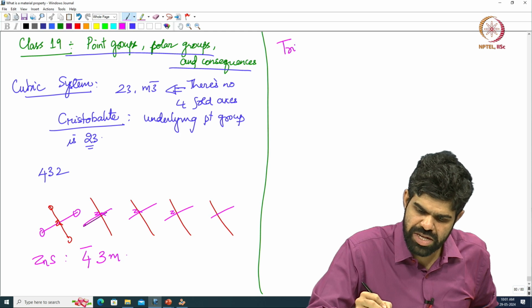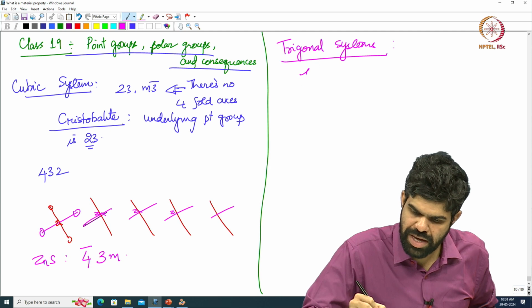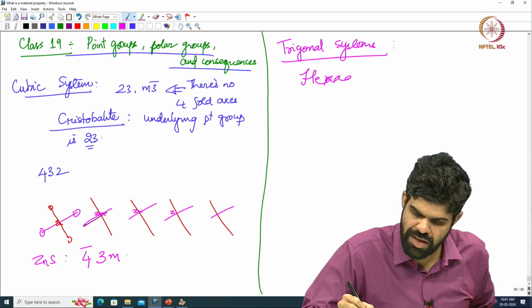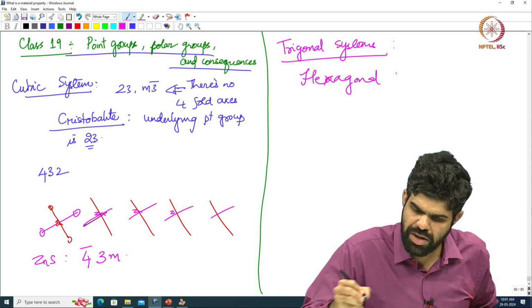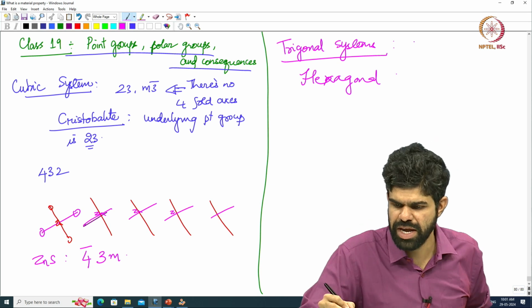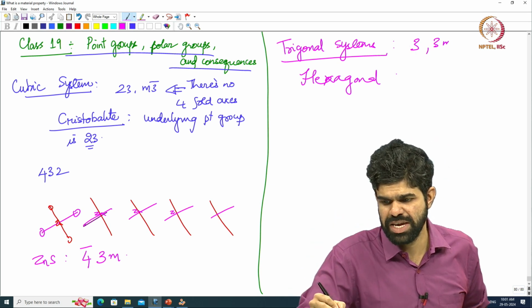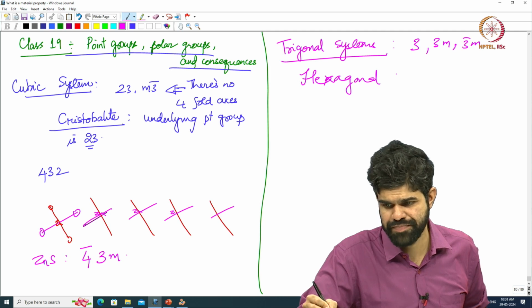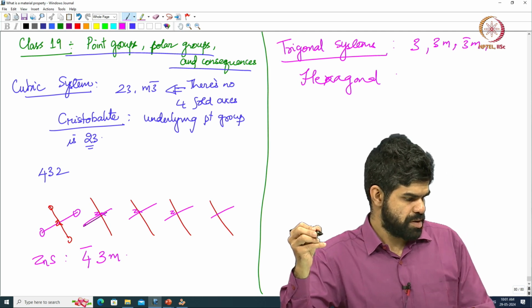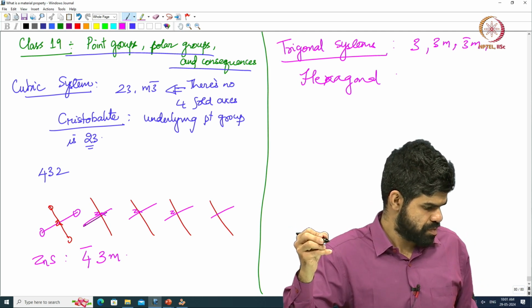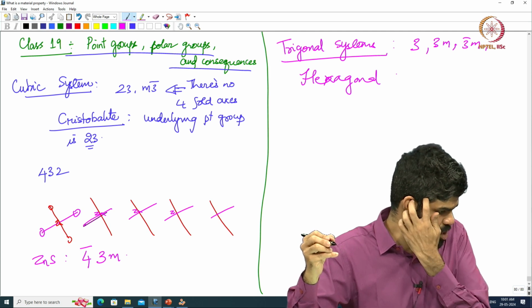What we missed out are the trigonal systems, and the hexagonal, and trigonal, where I have a three-fold axis of symmetry. So I can have 3m, 3 bar m, the various point groups.